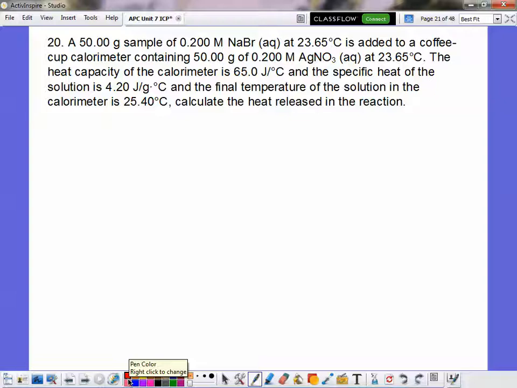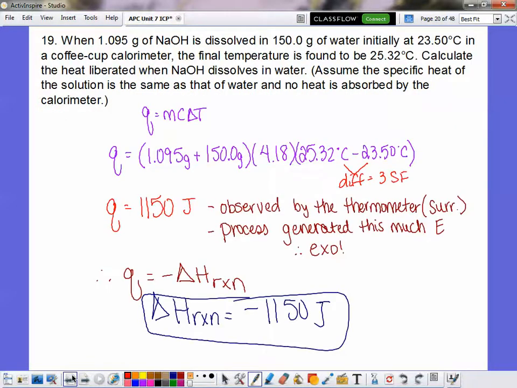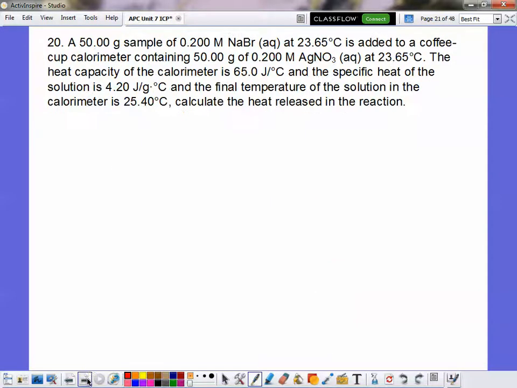It is not just like your lab in that your lab is more like this, where you are dissolving a solid in water. This, number 20, the part that's like your lab is the fact that we're told the heat capacity of the calorimeter. We're told how much heat the calorimeter will lose per degree Celsius, okay?